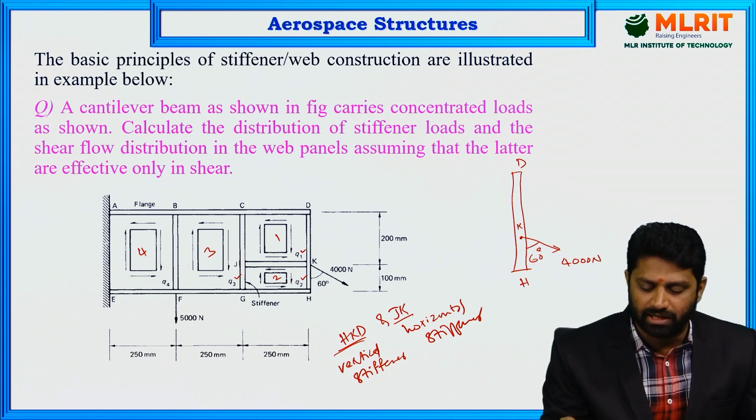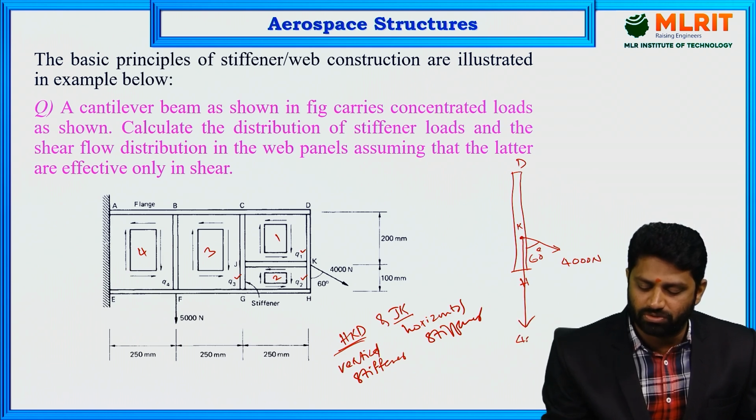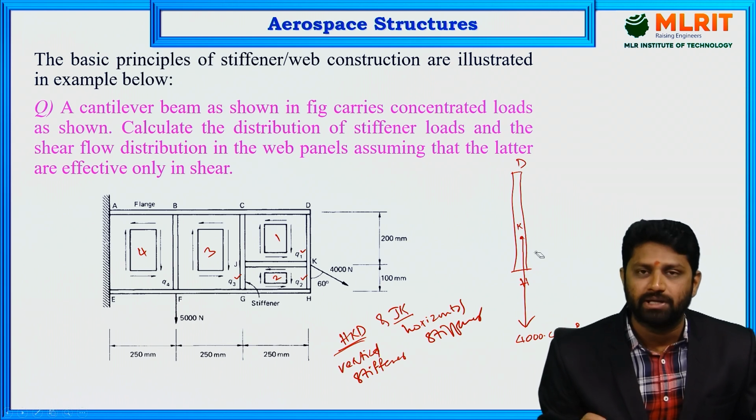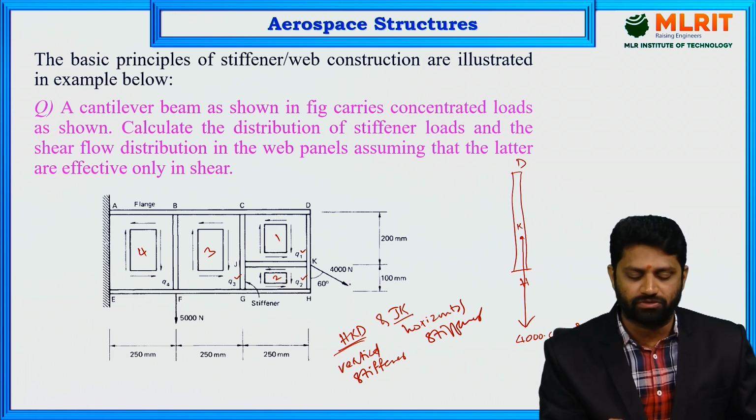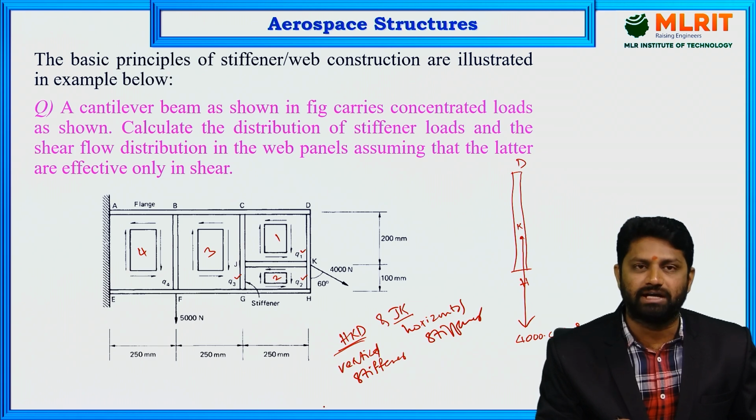Since this is a vertical stiffener, the load you get here is 4000 cos 60, which is acting downwards. You can remove this, because the vertical component of 4000 Newton acts in the line of action of the HKD stiffener, that is a vertical stiffener.